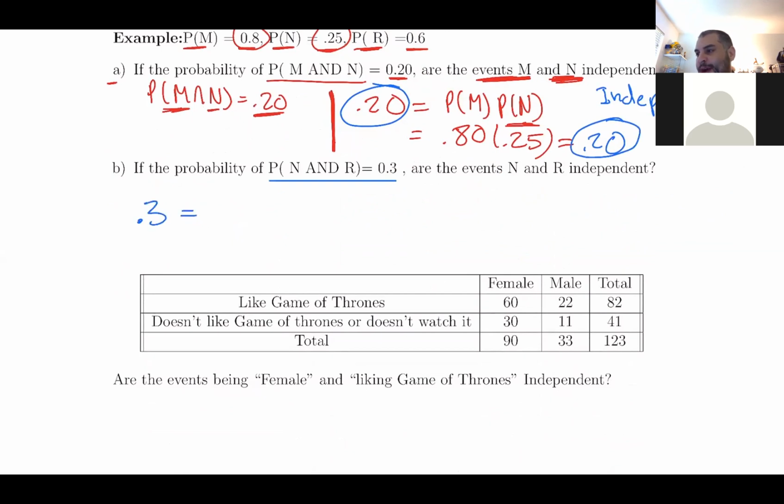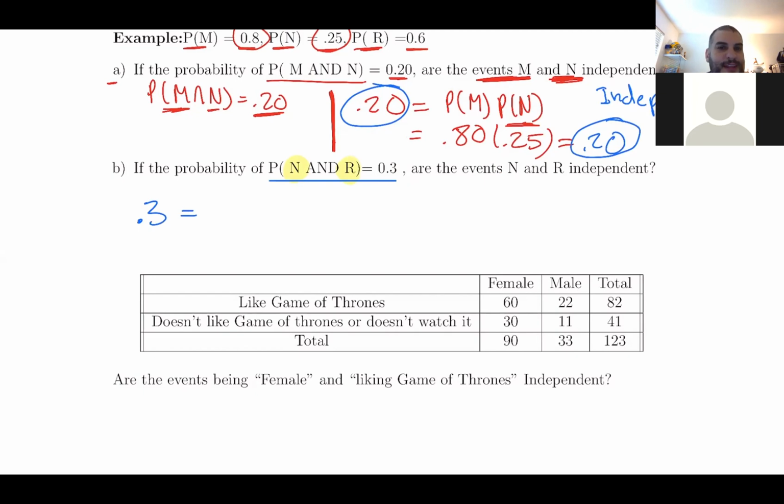Now we want the probability that event N occurs.